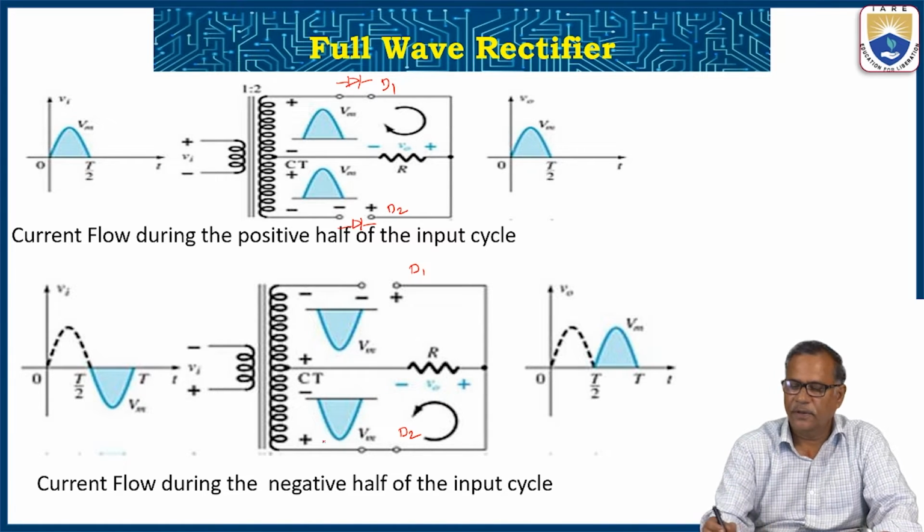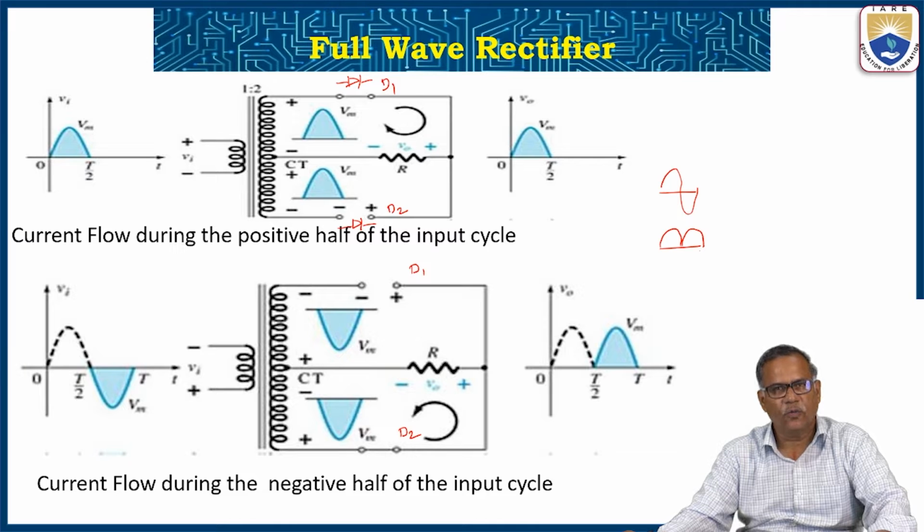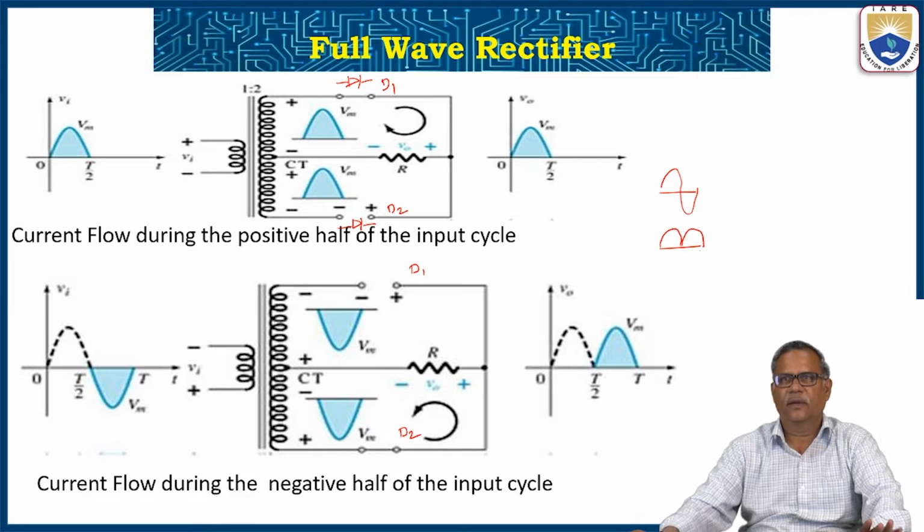When the input is like this, the output is somewhat like this. The input sine wave is fully rectified, and we get output for both half cycles.